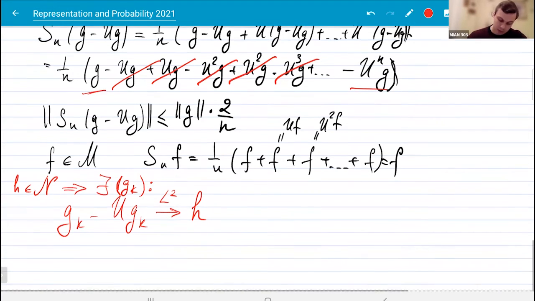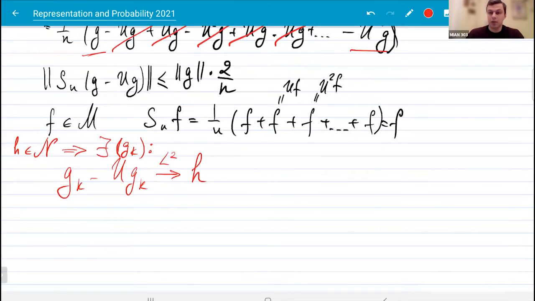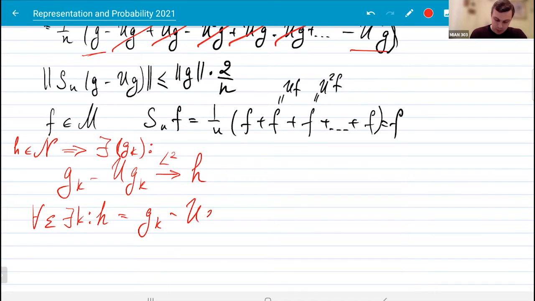Then we can take some approximation. We can, for example, say that for any epsilon, we have that h equals g_k minus U g_k plus h tilde k. So there exists k such that the norm of h tilde k is less than epsilon.